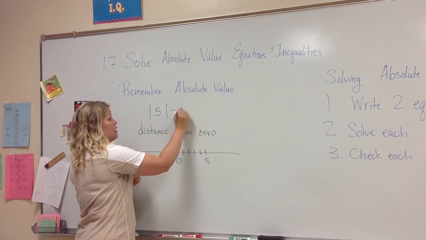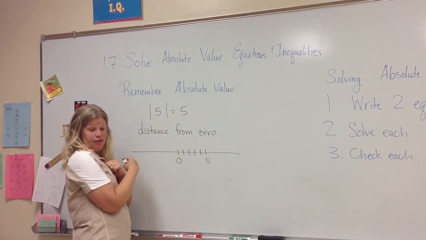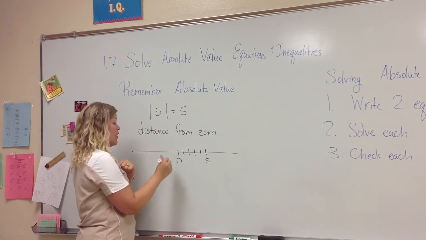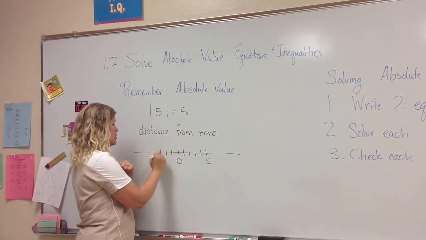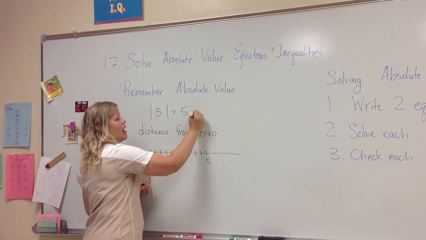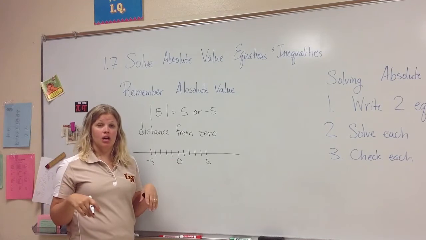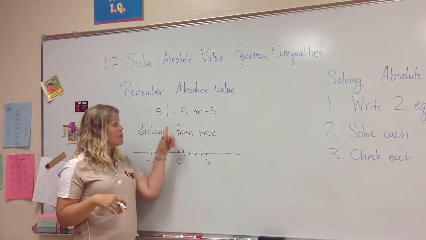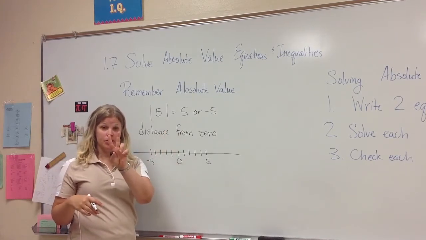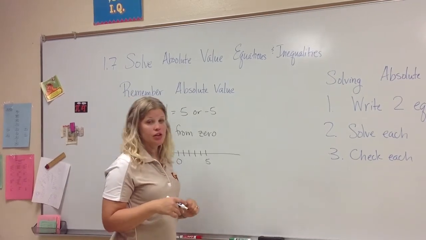Sure. But if you go to the left, to the smaller, 5 units, -1, -2, -3, -4, -5, you get down here to -5, and -5 is also a true solution. So, most times we're going to have two numbers. Keep that idea of 2 stuck in your head.